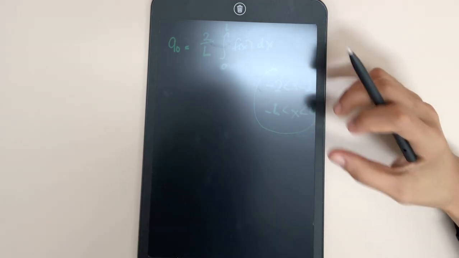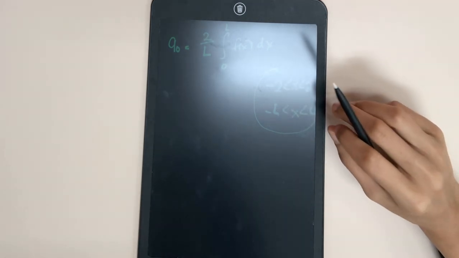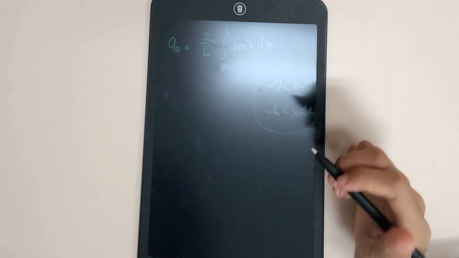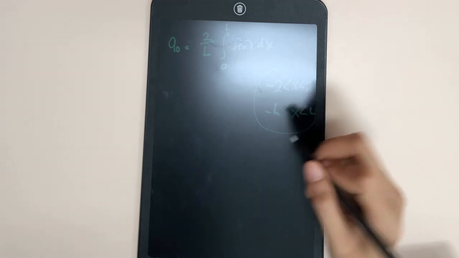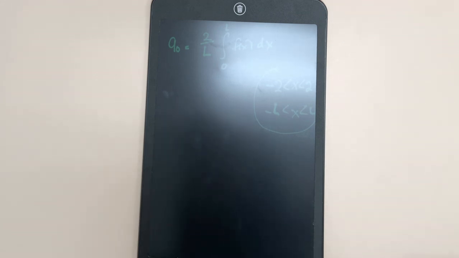Your L is obtained from the interval. And we also have another equation. If you still remember in the previous video, I said that the periodic function is not so important, but in the slide they have a periodic function.